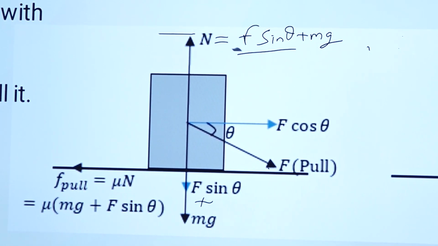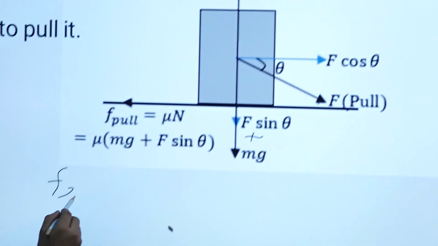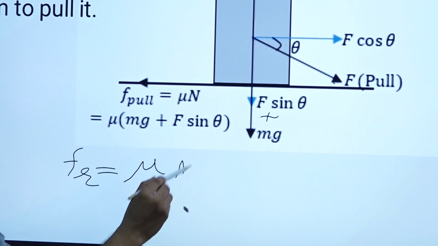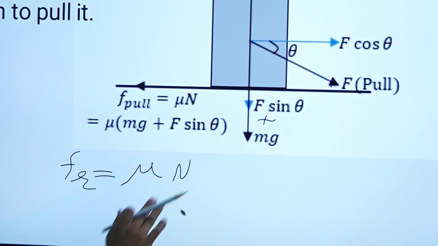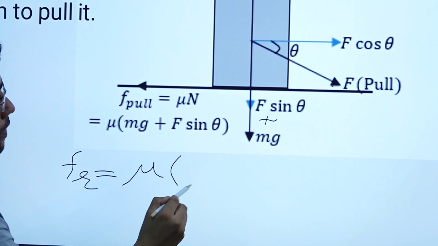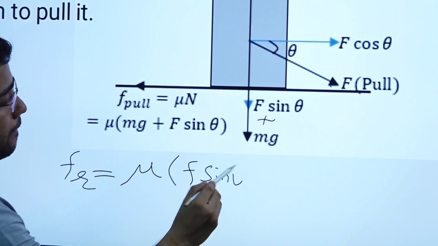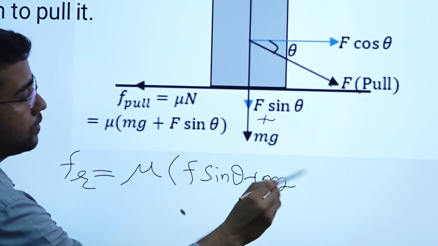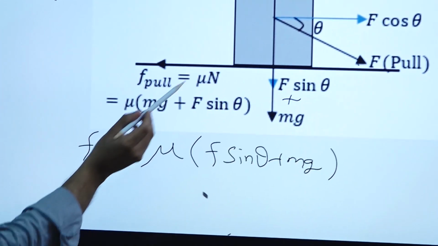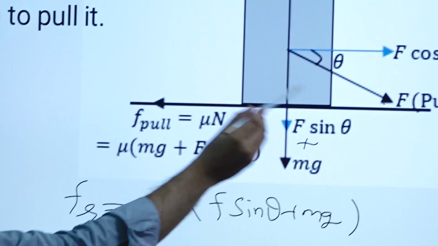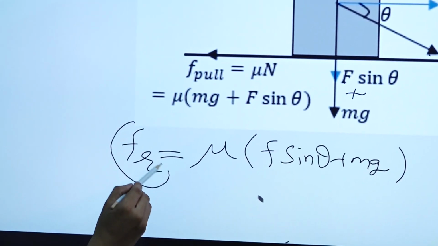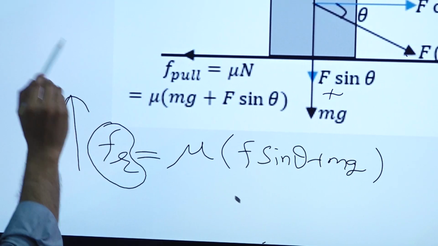So what you have to do now, you have to find out the frictional force. And what is the frictional force? Equal to mu into normal. So what is normal? F sin theta plus mg. So obviously when you are pulling a block like this, the friction force is increasing.